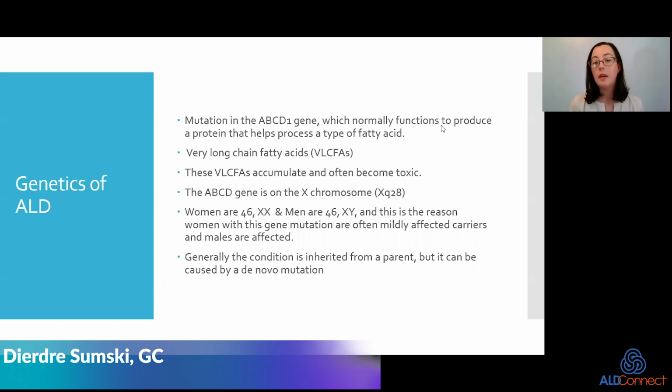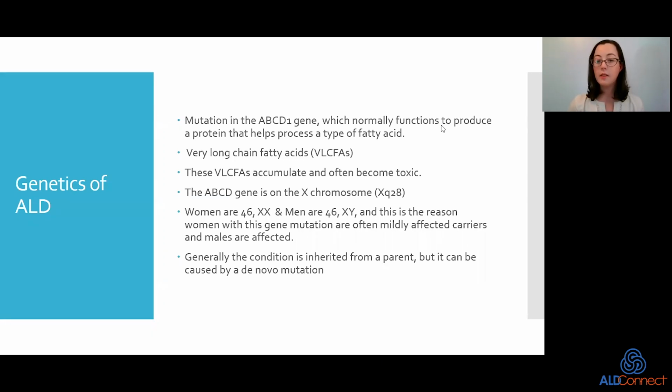And something unique about this condition is that it does have an X-linked inheritance, okay? So we all have 46 chromosomes. Women have 2 X chromosomes. These are known as the sex chromosomes, and men have an X and a Y, okay? This is often the reason as to why women are known as carriers.